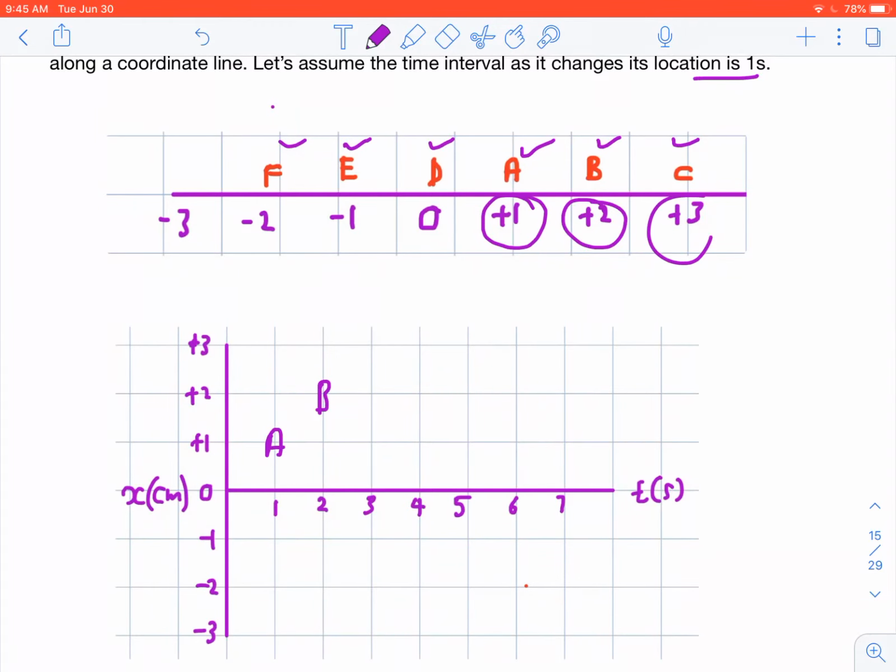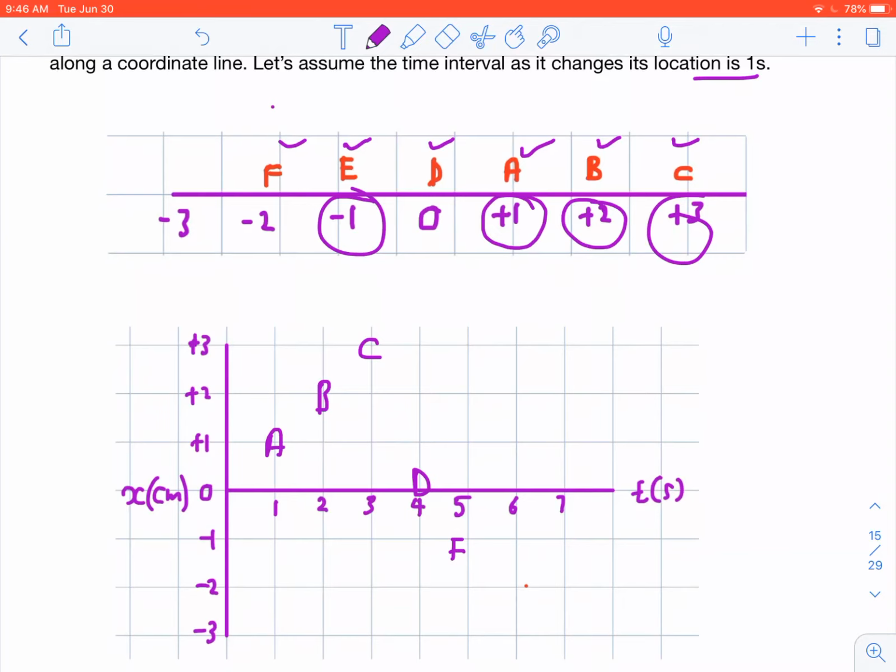And then C after the 3rd second is there. And then D, it comes back to the origin. And then E here at -1. Let's just draw it.